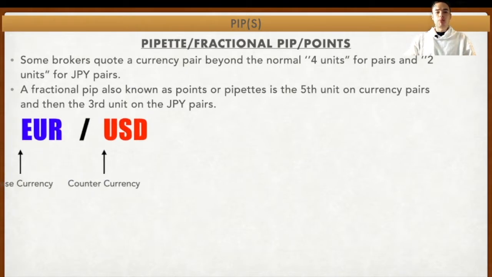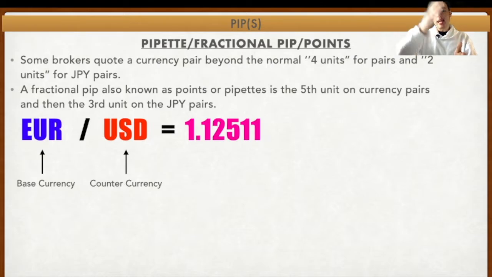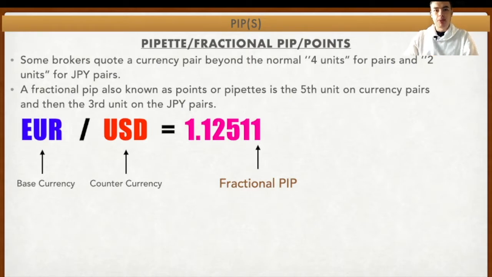So, same example, Euro USD, with Euro being the base currency, USD being the counter currency. Random price 1.1251, but as you can see, there's an extra 1 included. That 5th unit is known as a fractional pip. You can either call it fractional pip, point, or pipette. Okay, I call it a fractional pip or point.